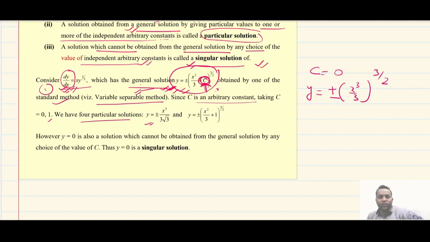Similarly, if we put C equal to 1, we find two additional particular solutions. C is an arbitrary constant, and we can put any value to it. When we put fixed values to C, we obtain particular solutions. So a particular solution is obtained from the general solution by giving fixed values to one or more parameters involved in the general solution.